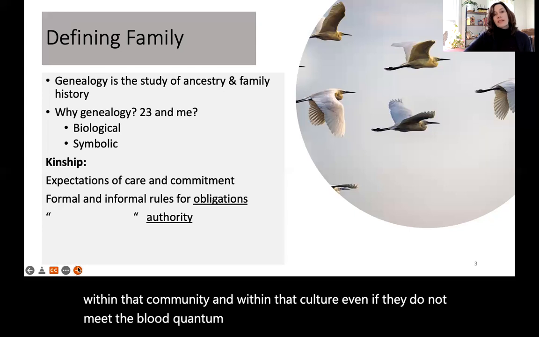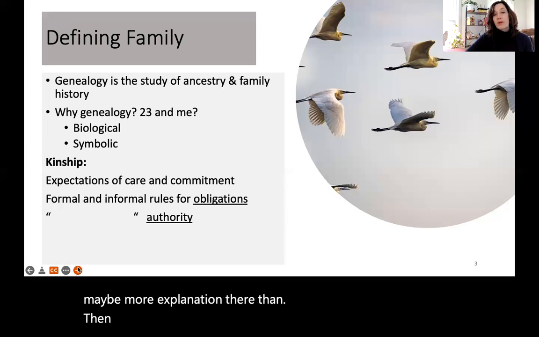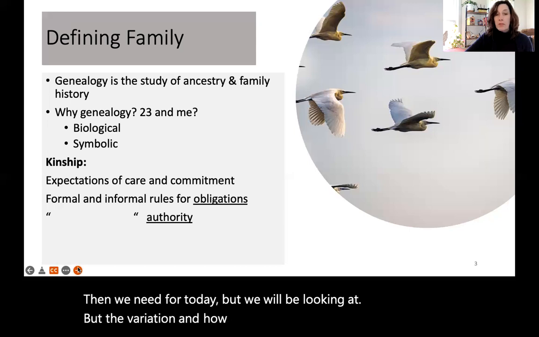So that's maybe more explanation than we need for today, but we will be looking at the variation and how kinship has been established in societies over time.